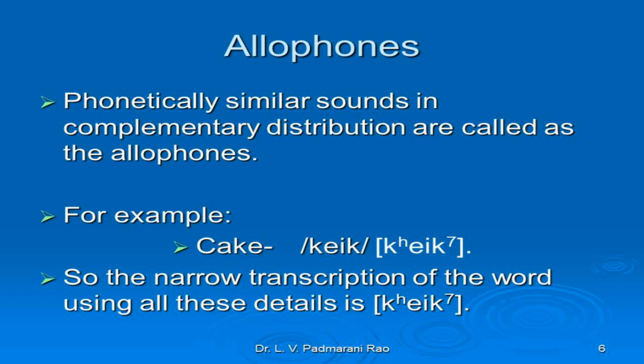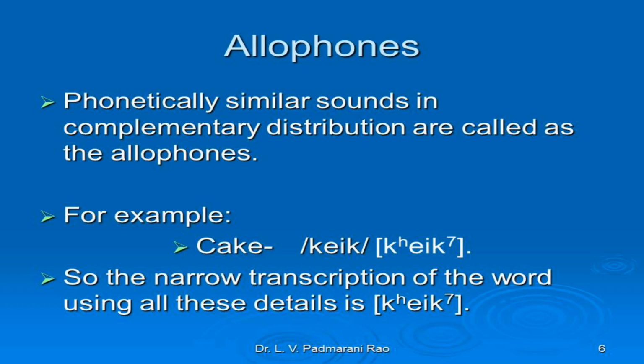In other places, they are not given the accent, and so in the example of C-A-K-E, cake, the first sound of the word is k, and it should be aspirated according to the rule of aspiration. Yes or no? Yes. So it is not cake, it is cake. Yes, a slight h sound is to be heard.